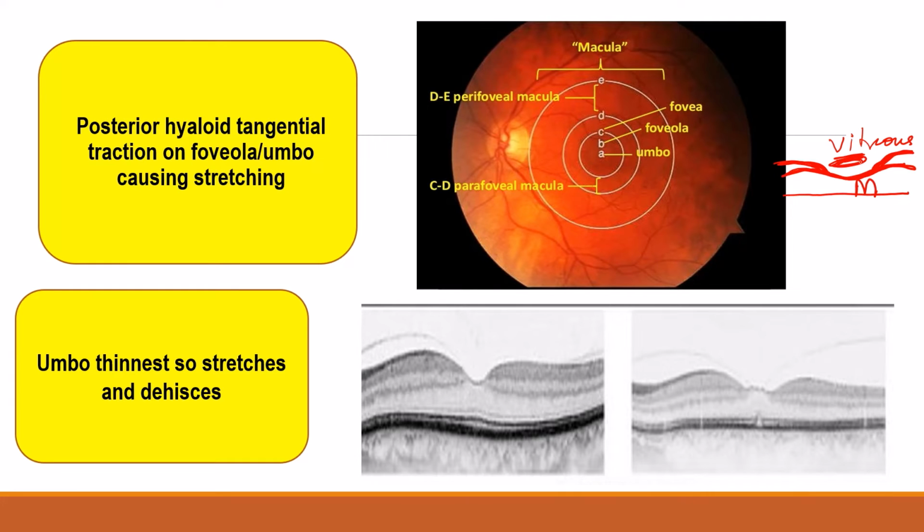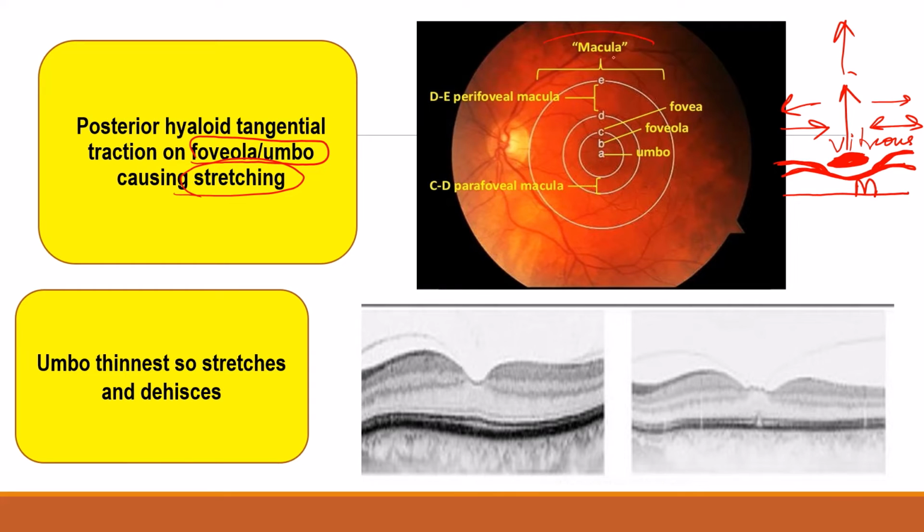This vitreous will start undergoing some amount of condensation and contraction, and as it does, it not only pulls the retina forward, but it also causes some amount of horizontal traction, which is called tangential traction, right? So because of that horizontal tangential traction and anterior posterior traction, finally there will be development of the macular hole. So posterior hyaloid tangential traction on the fovea and umbo will cause stretching.